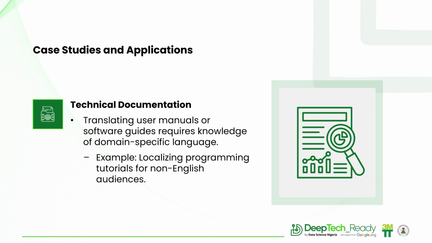A great example is localizing programming tutorials for non-English speaking audiences. By fine-tuning a model on technical content, we ensure that complex programming concepts, code syntax, and instructions are translated clearly, helping more people to access and learn from these resources in their native languages.